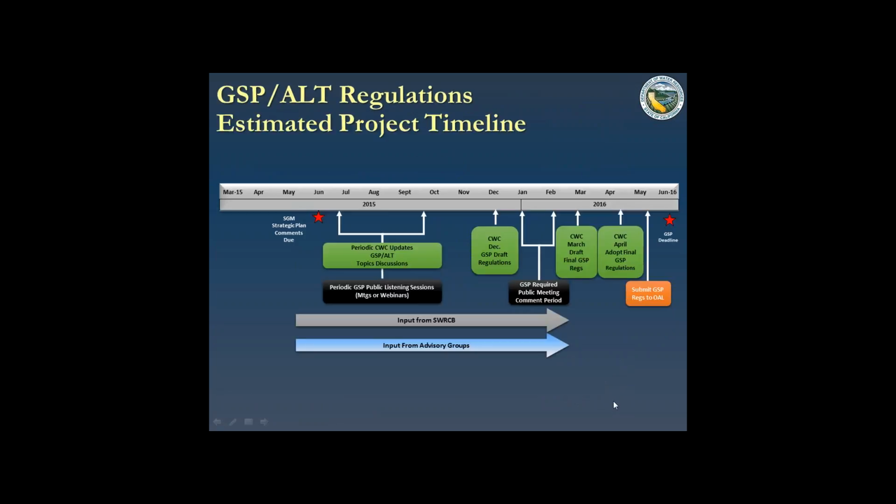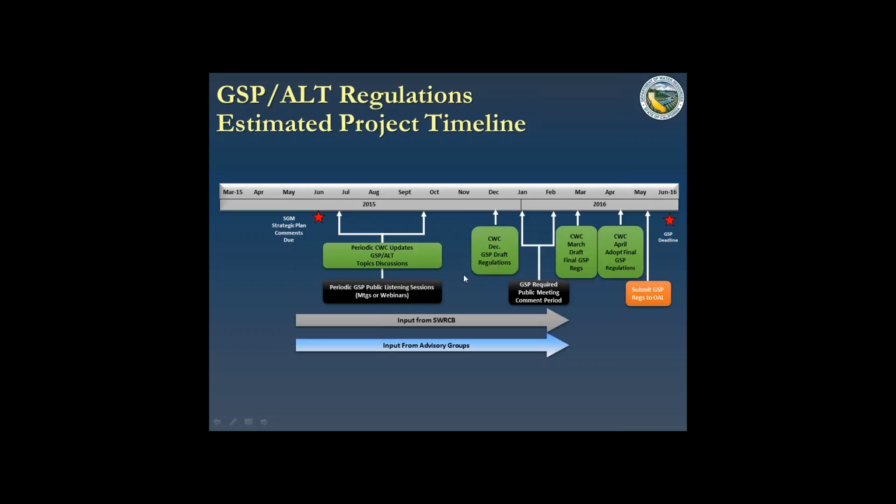And then a more detailed timeline for that process: right now we're doing this outreach, and public listening sessions are coming up. Sometime before December, we'll have our draft regulations, and then we'll have our public meetings between the January-February period, with a California Water Commission meeting in March, and then final regulations hopefully adopted in April of 2016, and then submitting them to the Office of Administrative Law in May.